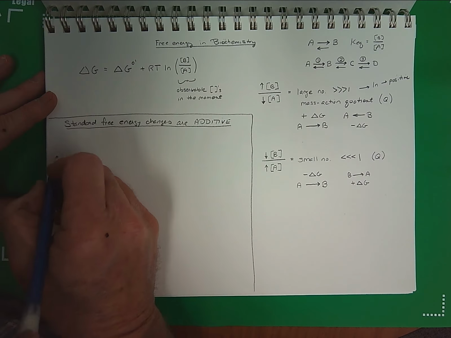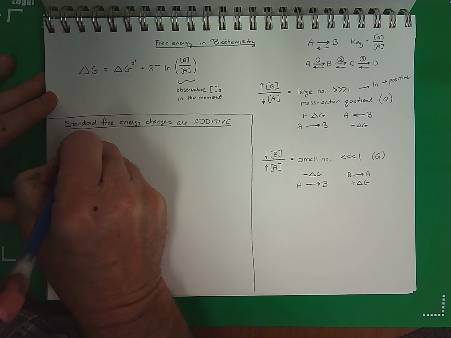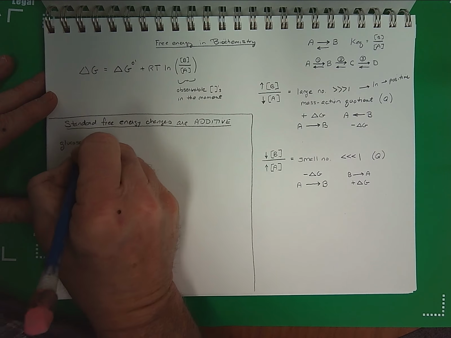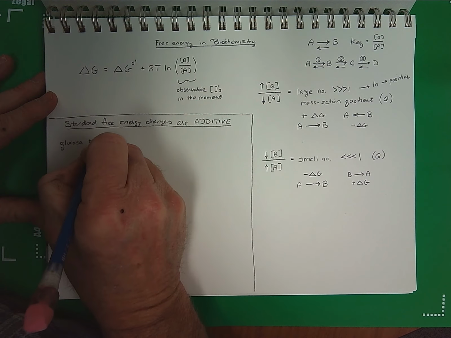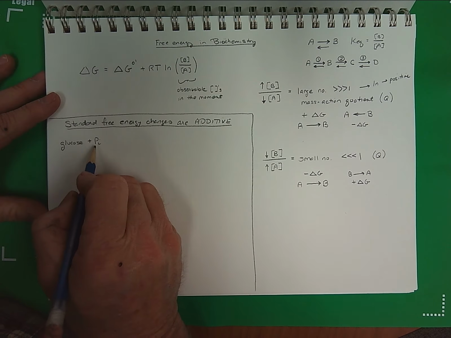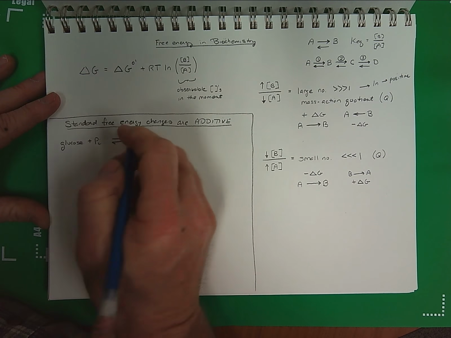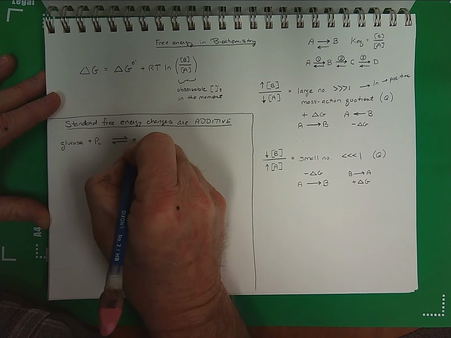So let's look at a specific example. A particular biochemical reaction: we are going to take glucose, a 6-carbon molecule that is going to be used for energy production, and we are going to add inorganic phosphate to that. This is a reversible reaction.